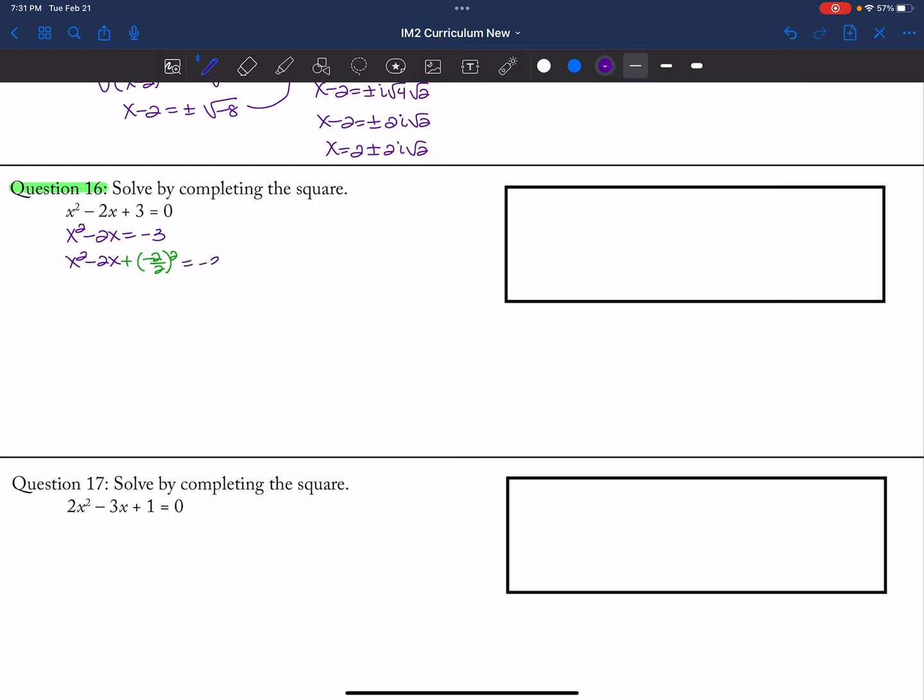So I have negative 3 here, adding negative 2 over 2 squared. So then I get x squared minus 2x plus 1 is equal to negative 3 plus 1. And so then I have negative 2 on the top, 1 on the bottom, negative 1 and negative 1. So x minus 1, the quantity squared, is equal to negative 2.